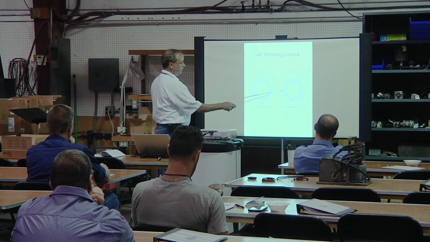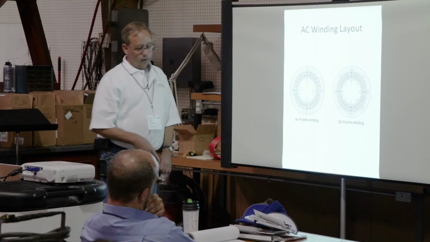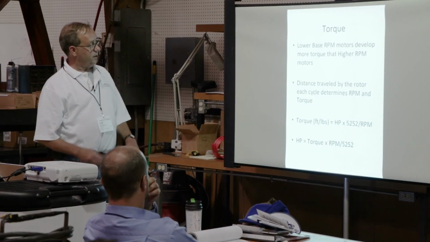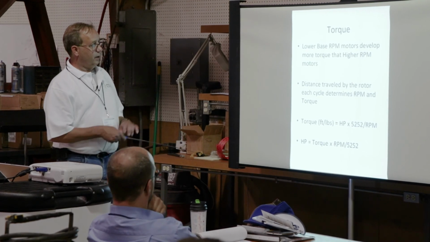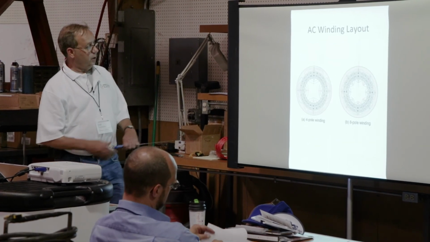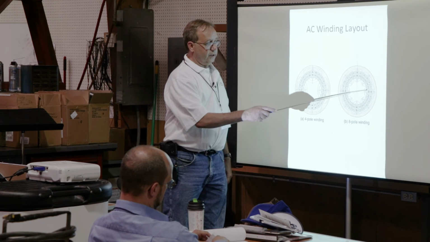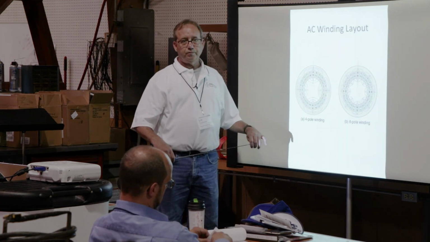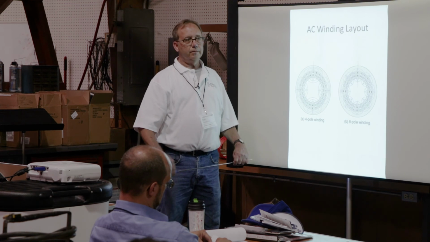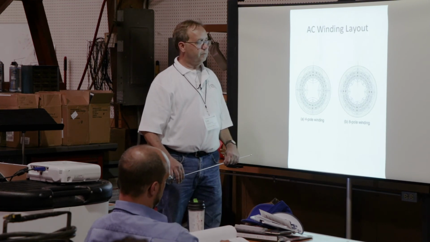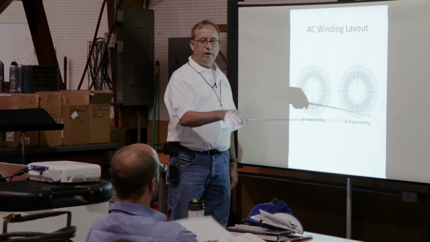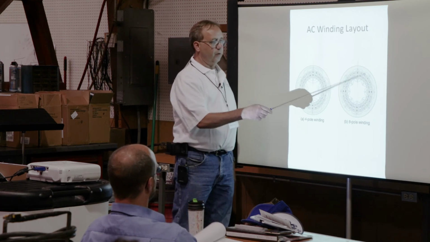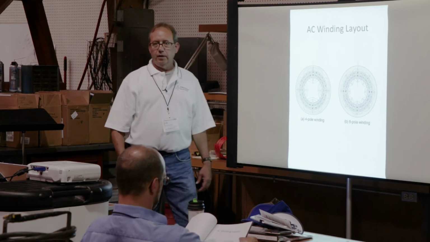There's your flux fields, 6-pole. The only reason I'm illustrating this is to show two things. All right, I'm going to put this differently. Your rotor's spinning in here, and for every half cycle, it's going to move from one pole to the next, right?